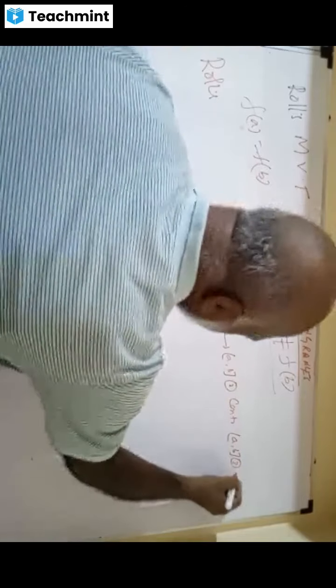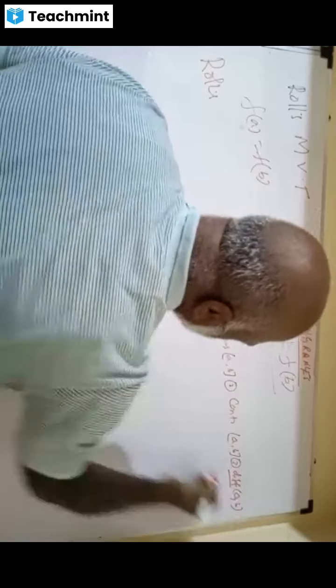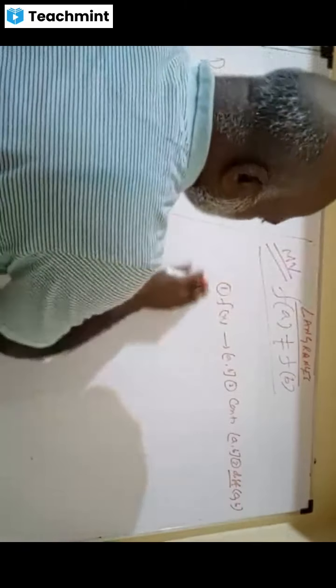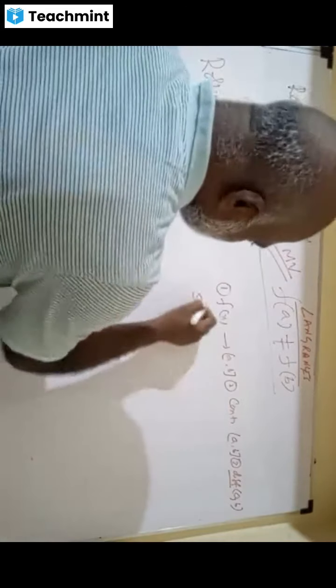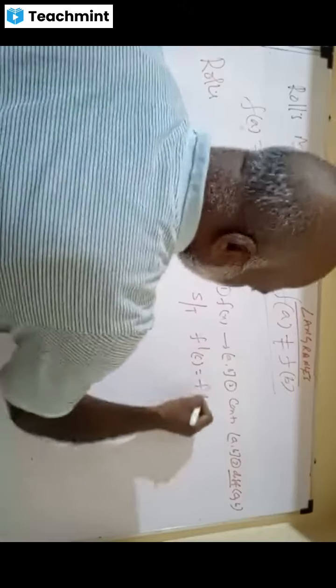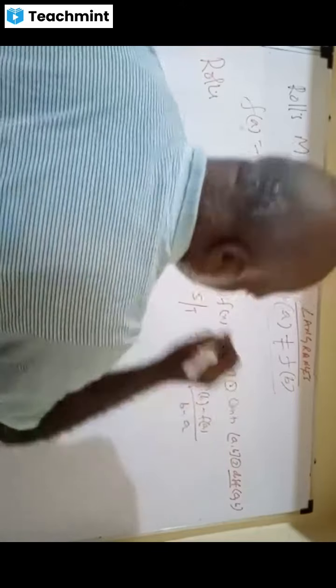It should be differentiable in the open interval. Number four, there exists a C such that f dash c equals f of b minus f of a by b minus a.